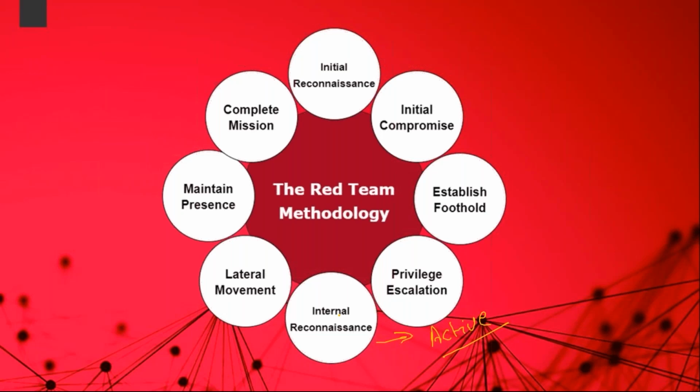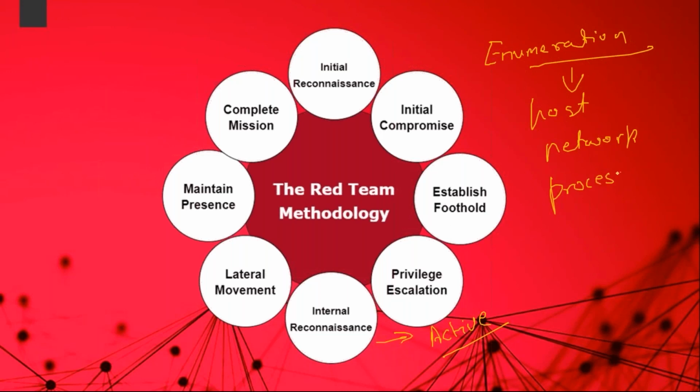So what can we do? We can do enumeration, you can say gathering information. We can do host enumeration, network enumeration, we can find out about the networks and the processes that are running, right? Enumeration means finding out more detailed information about the target. The target can be a host.